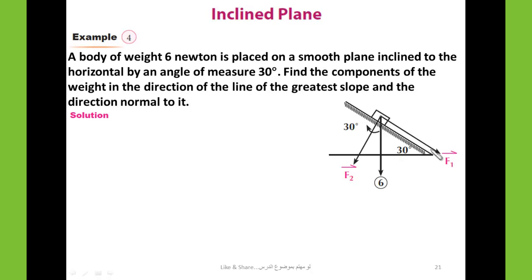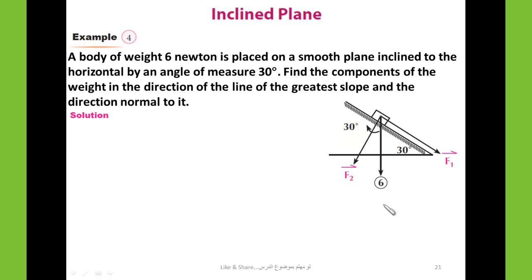And the measure of the angle between the direction of F1 and F2 equals 90. Now 90 minus 60 equals 30 degrees. So the measure of the angle between F2 and the weight 6 equals 30 degrees.